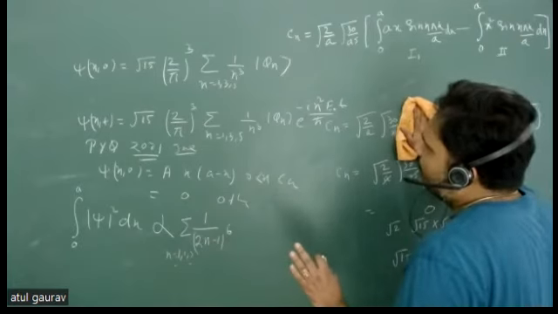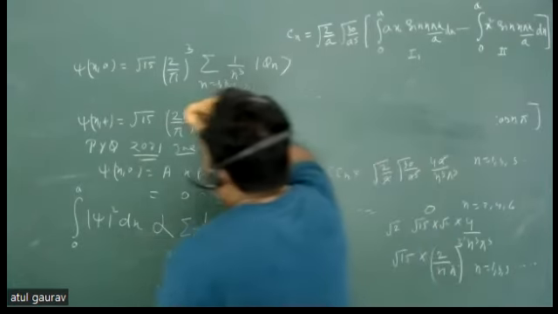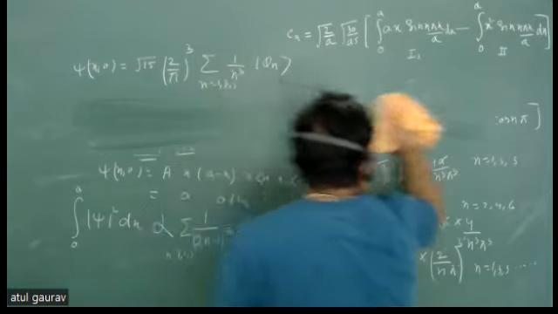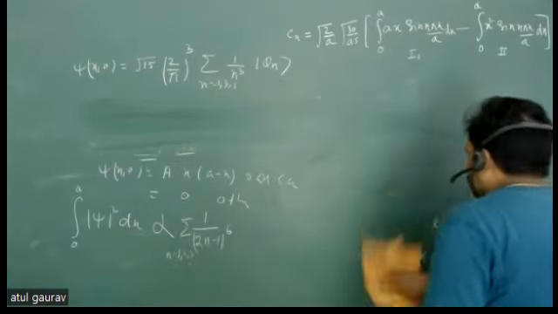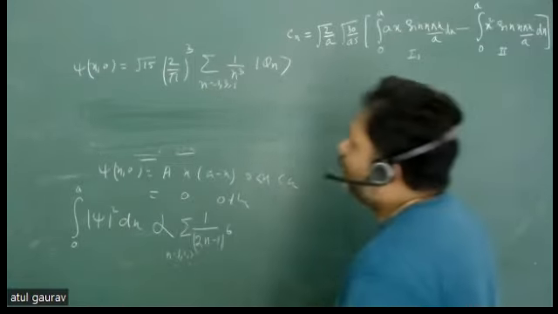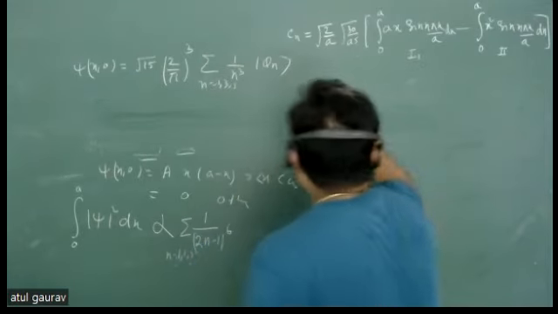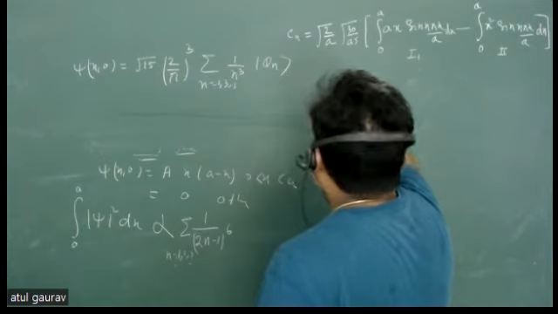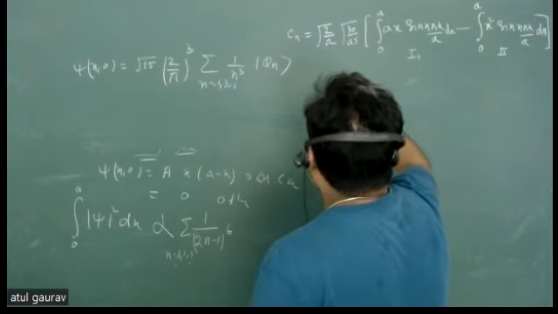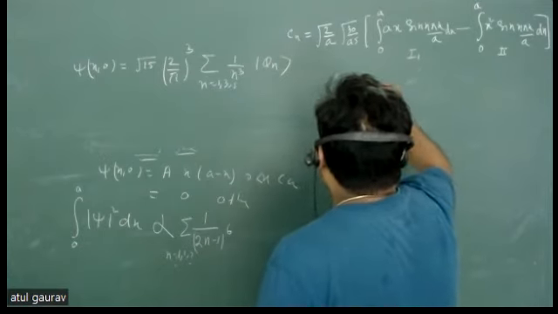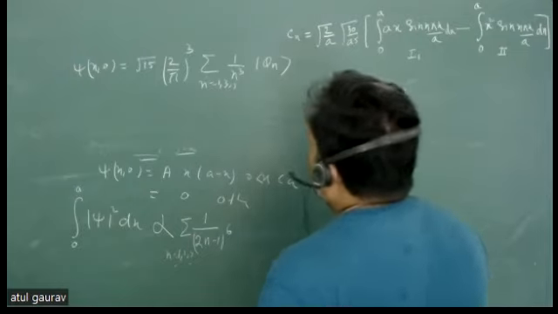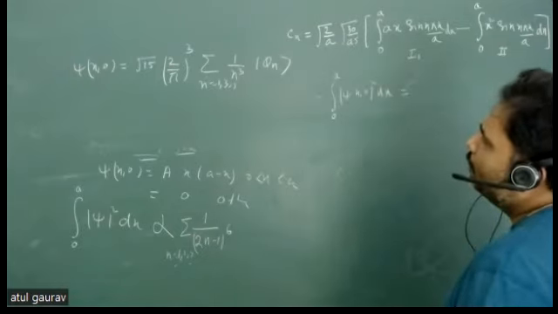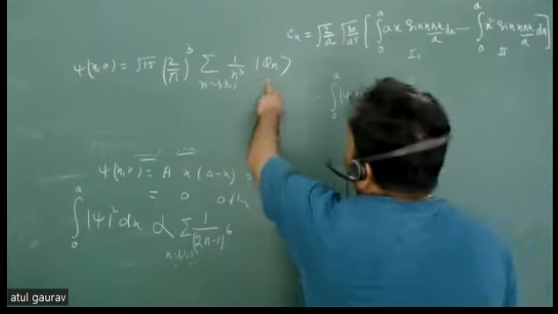Yes, sir. So obviously this is my psi x0. If this is my psi x0, what will happen if we calculate the integral from 0 to a of mod psi x0 mod square dx? Which term will survive? Only the nth term will survive.